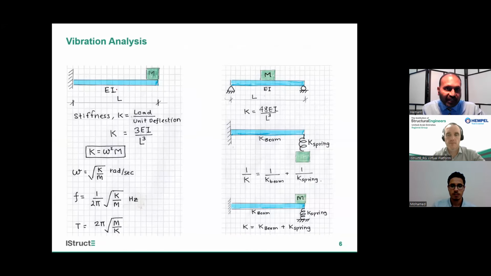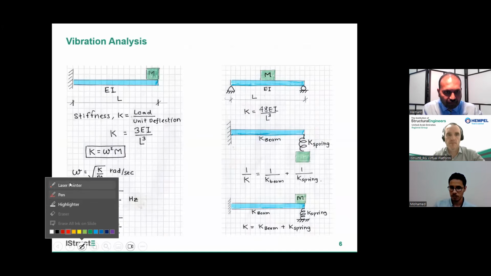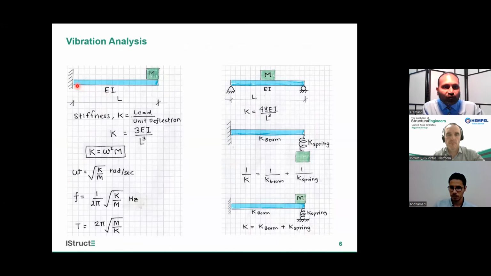So here I have taken an example, let me use the pointer. So the first example, I have taken a cantilever beam with stiffness EI. It will be given in kilonewton meter square or Newton mm square, with a mass at the tip.